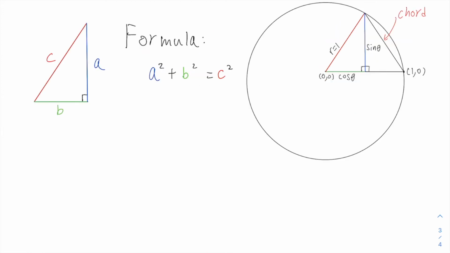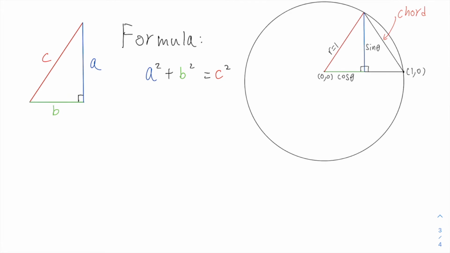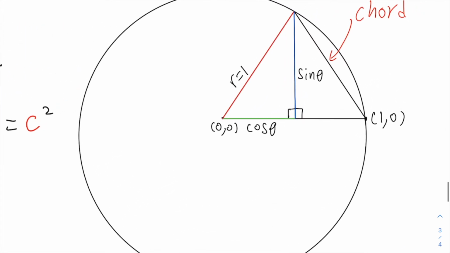So we can find the length of the chord with the relationship of the circle and the triangle, and using the formula of Pythagoras, which is a squared plus b squared equals c squared. So in a circle, we know the base is 1 with the radius of 1, which means this length here must be 1 minus cosine theta from here to here.